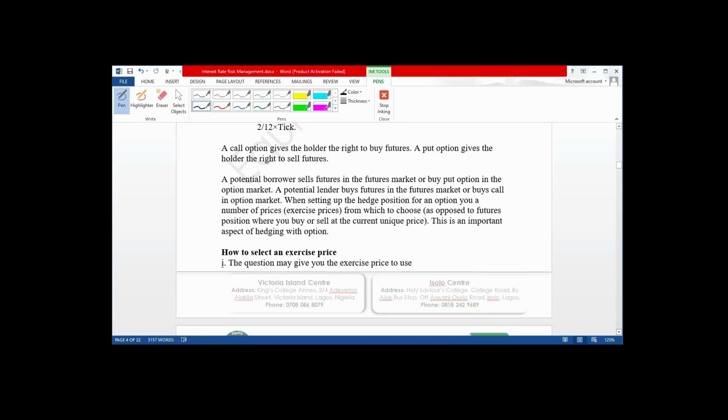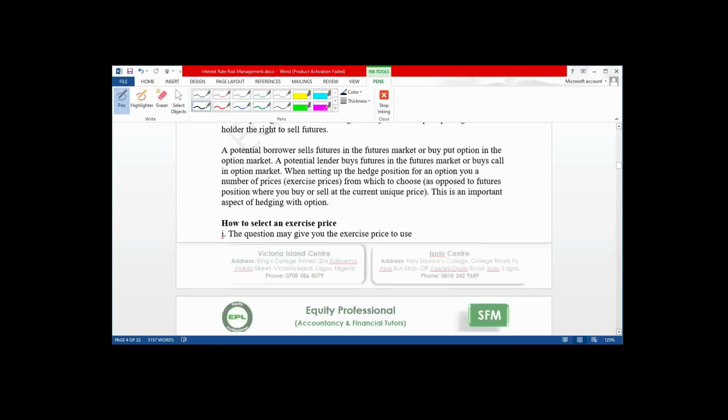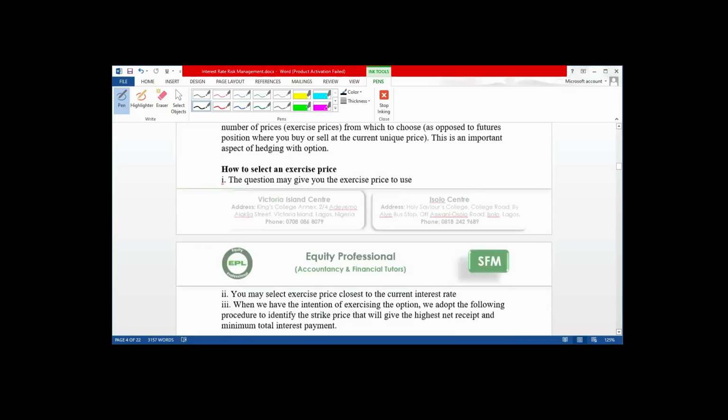This is unique to options on futures. You must determine the appropriate exercise price to select.